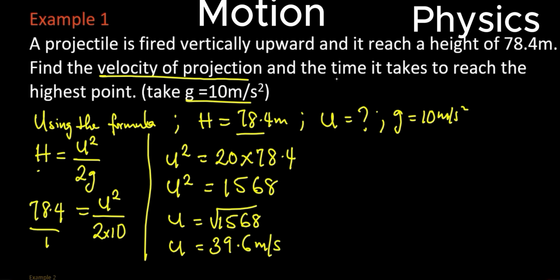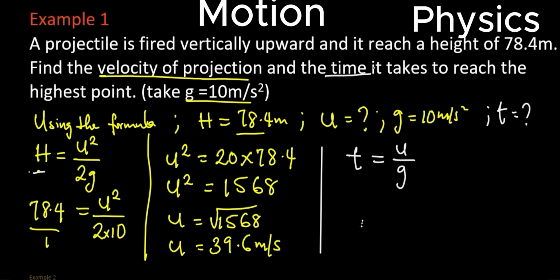Now to get the time it takes to reach the highest point, we use the formula t is equal to u over g. That's the t we are looking for. When a projectile is projected vertically upward, the time it takes to reach the highest point is t equal to u over g.